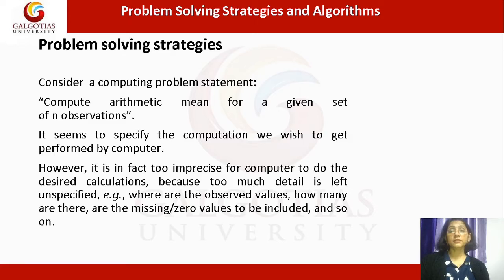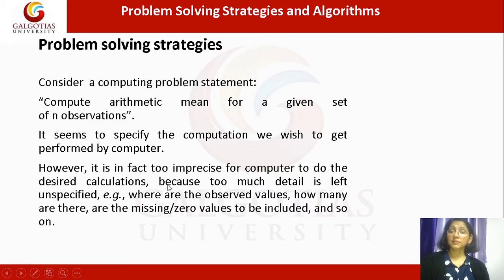Consider a computational problem statement like compute the arithmetic mean for a given set of observations. It seems that the problem statement itself specifies the computation which we wish to get performed by the computer.